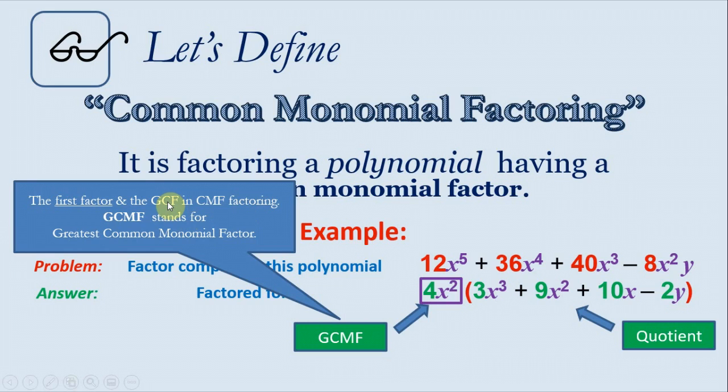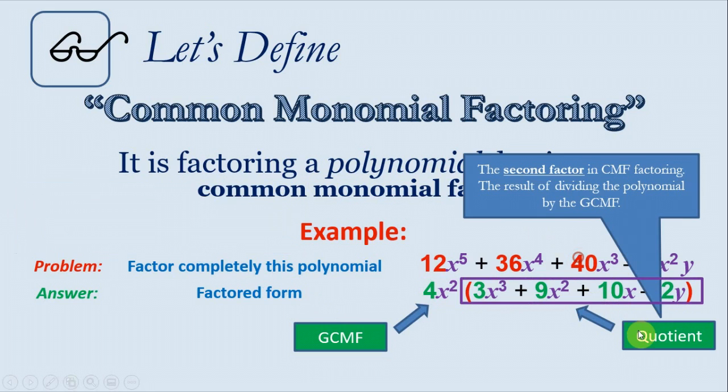It stands for greatest common monomial factor. Now what is quotient? A quotient is the second factor in CMF factoring. It is a polynomial expression which results when the original polynomial is divided by the GCMF.